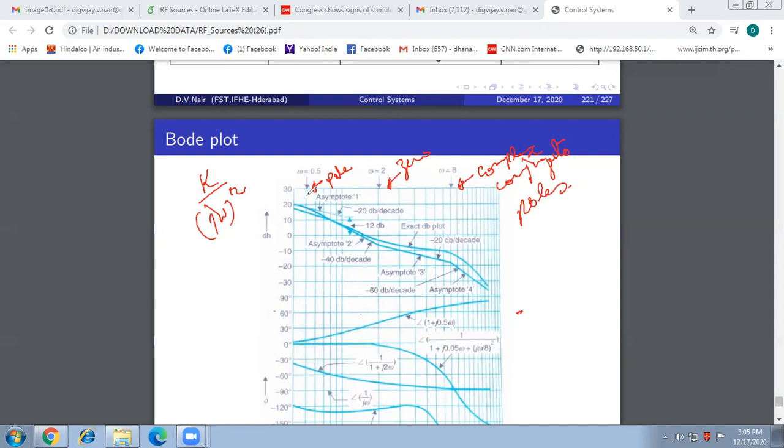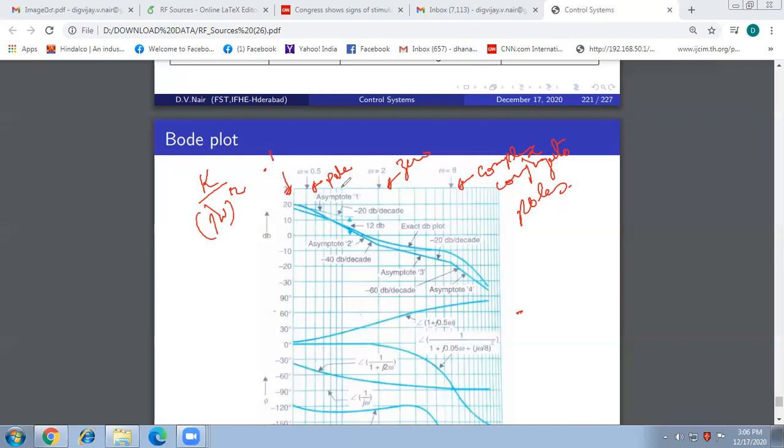We are starting with 0.1. This will be omega equal to 0.1.